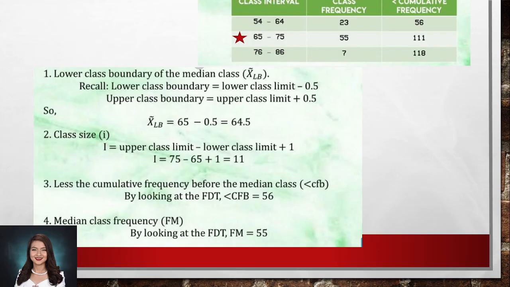By looking at the frequency distribution table, our less than cumulative frequency below the median class is 56. Next, let's compute the fm or the median class frequency. By looking at the frequency distribution table, our fm or our median class frequency is 55.